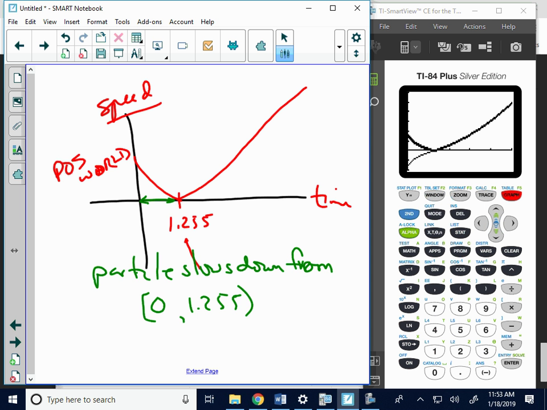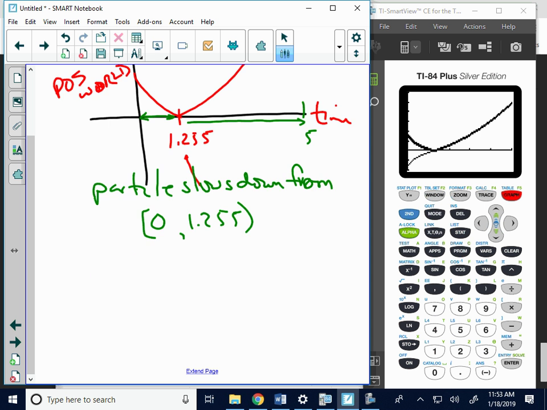Slows down. At 1.255, it stops. And then what happens from 1.255 out to 5? Okay, so in vernacular, speeds up, right? Speeds up. Okay, so particle slows down and particle speeds up.